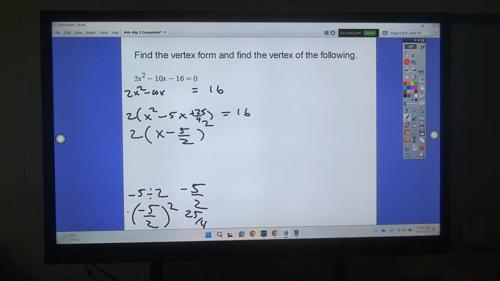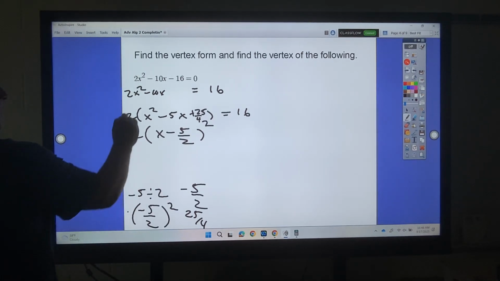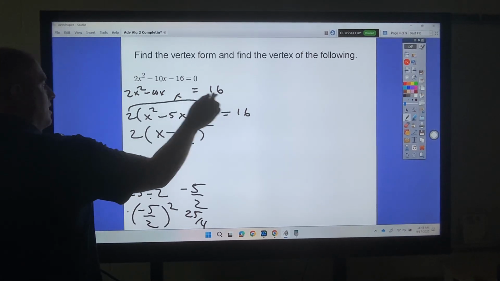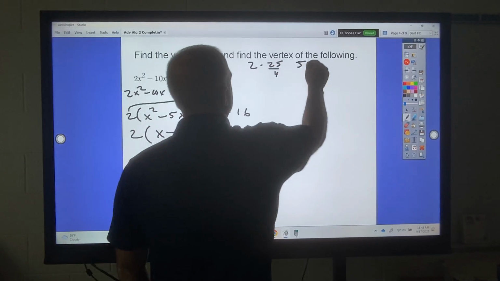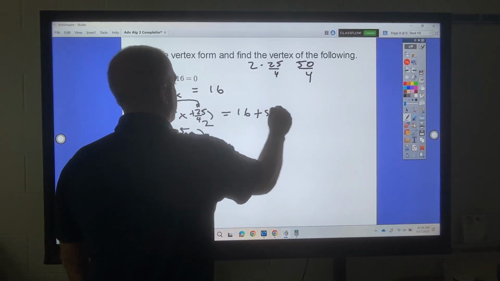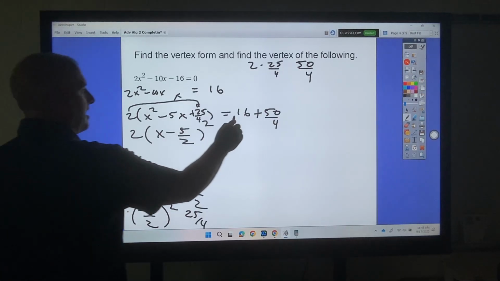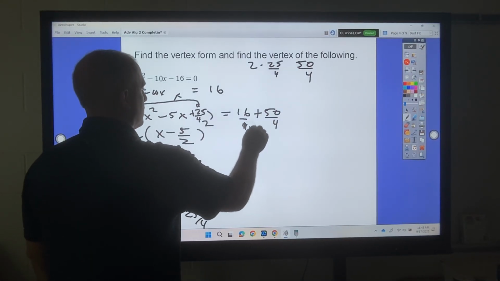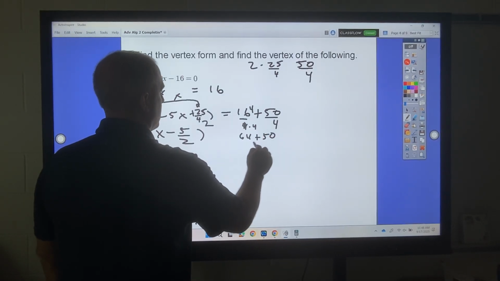Now what I want to do is multiply this first. So 2 times that would be 50 over 4. And that's what I'm going to put on this side. We talked about adding fractions before. You need a common denominator. So multiply by 4. That's going to be 64 plus 50 over 4.